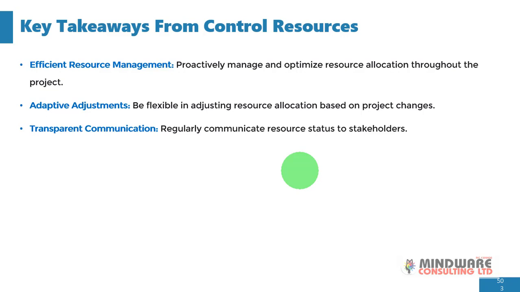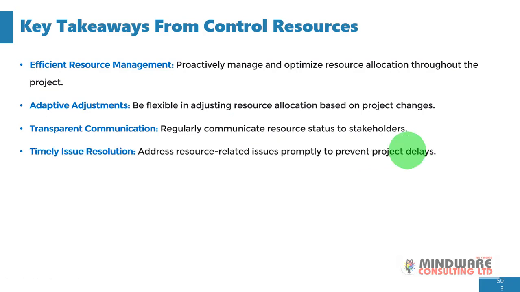Regularly communicate resource status to stakeholders. So this cannot be overemphasized. Regular and clear communication with your team members, with your stakeholders, is very important to successful project execution. Timely issue resolution. Address resource related issues promptly to prevent delays.